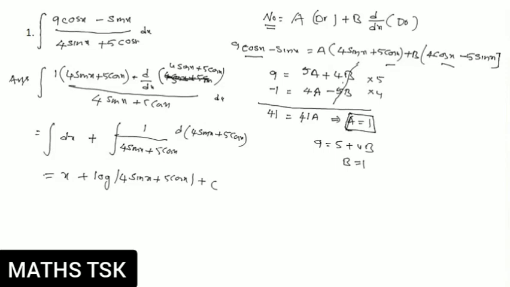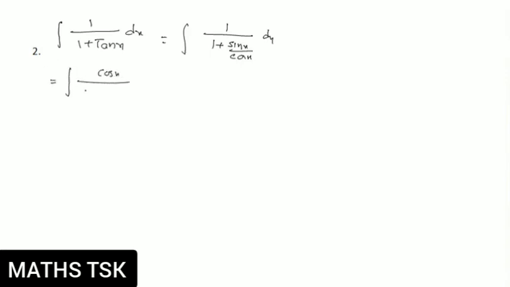That's the answer. Look here, if it is given like this, integration of 1 by 1 plus tan x, 1 by 1 minus cot x is also given. So 1 by 1 plus tan x is given. Then what will you do? Integration of 1 by 1 plus sin x by cos x into dx. So this integration can be written as integration of cos x by cos x plus sin x into dx.